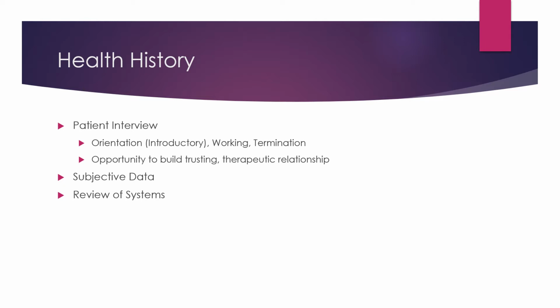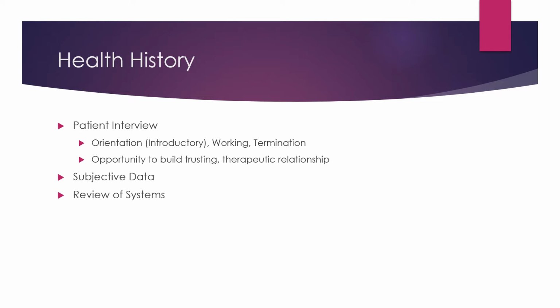The health history is primarily going to consist of subjective data. This is the data that's obtained through that verbal interaction with the patient or the family, and objective data is going to be gathered through observation and the review of past medical records. The nurse is going to talk with that client during this history about why they've come for care, why are they seeking care, what's going on with their present illness, what kind of health history do they have.